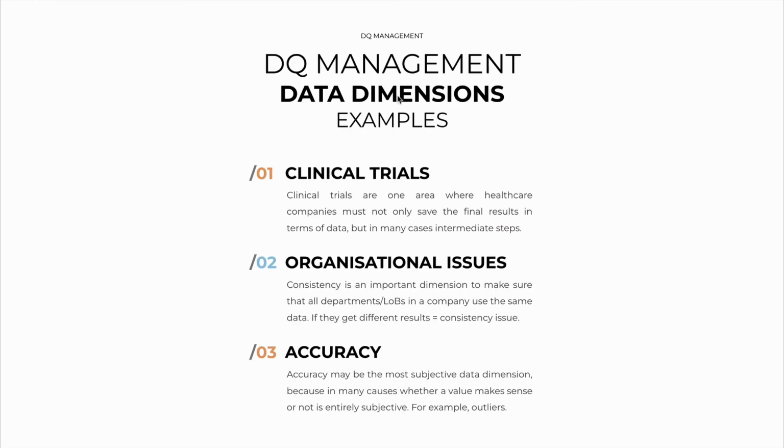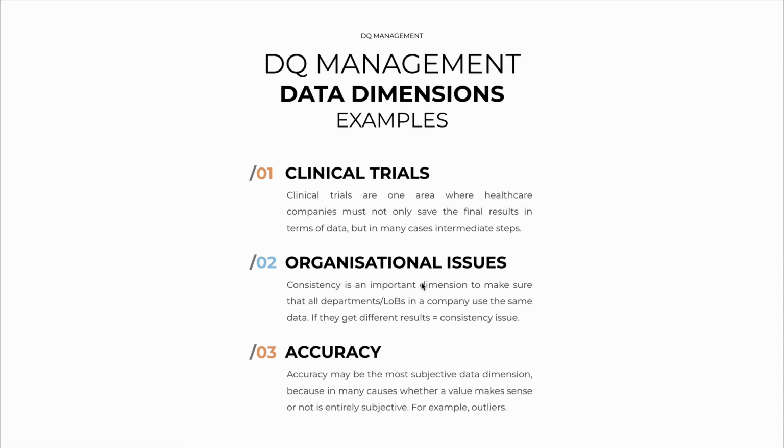What are some examples? The first are clinical trials as an example of lineage. Clinical trials for healthcare companies are one area where the company must not only save the final results in terms of data, but in many cases, all of the intermediate steps, usually with a lot of detailed process information at each stage. Then, consistency is an organizational issue.